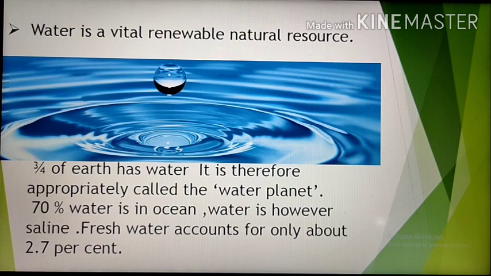Only 1% of the fresh water is available and fit for human use. It is found as groundwater, as surface water in rivers and lakes, and as water vapor in the atmosphere. Fresh water is therefore the most precious substance on earth.